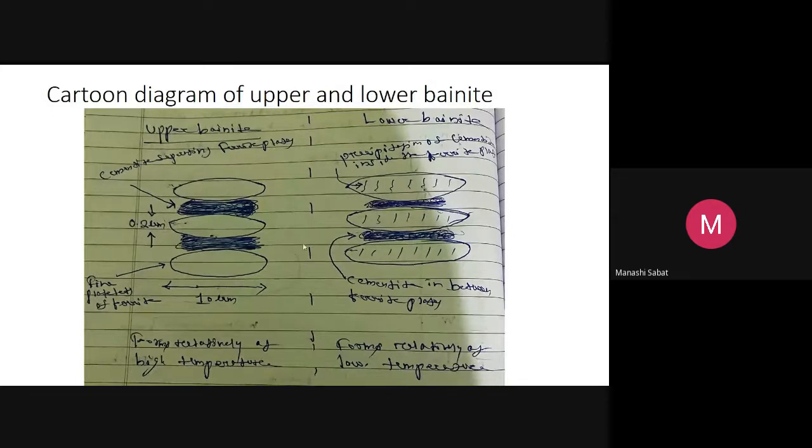If you look at the wavelength of normal, ordinary light, it is greater than 0.3 micrometer, nearly 0.4 micrometer. But the dimension of this ferrite plate is 0.2 micrometer. That means the wavelength of ordinary light is greater than this dimension.